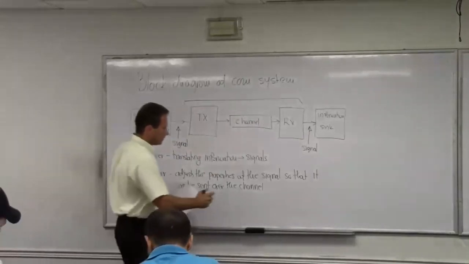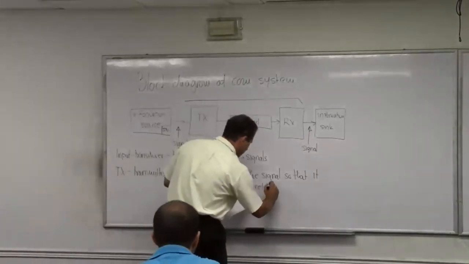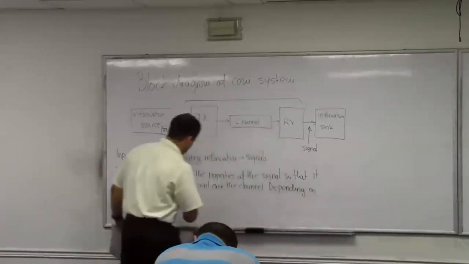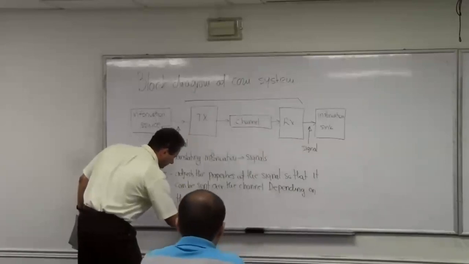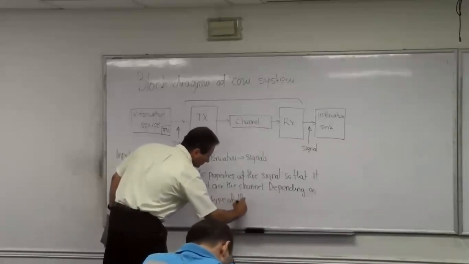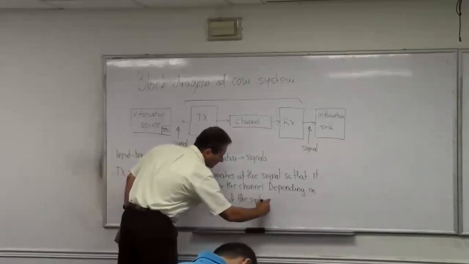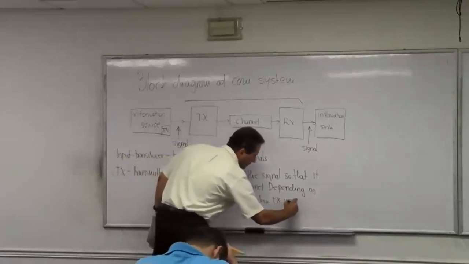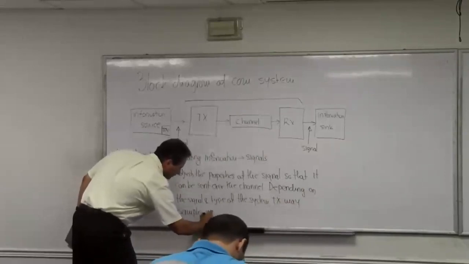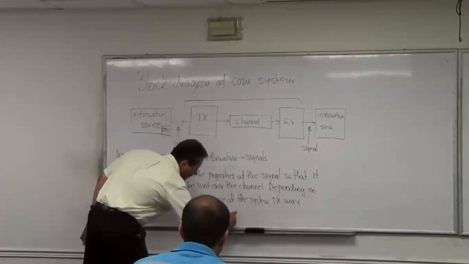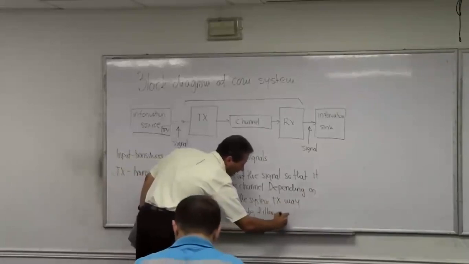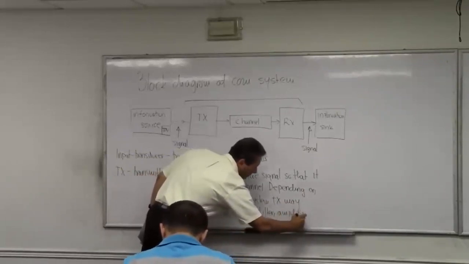So I guess depending on the signal and type of the communication system, transmitter may sample, quantize, encode, filter, amplify, and so on, right?